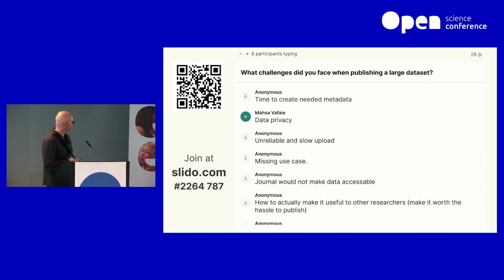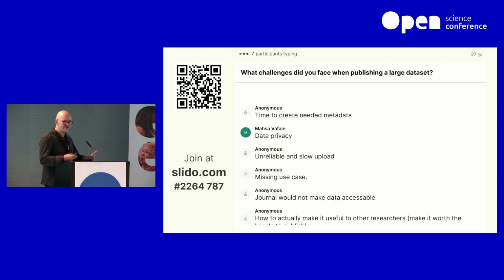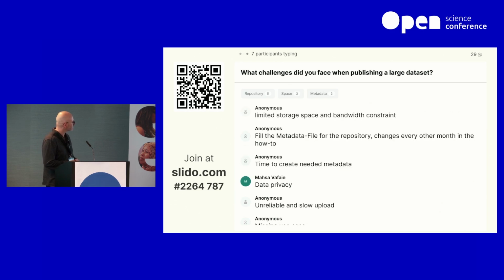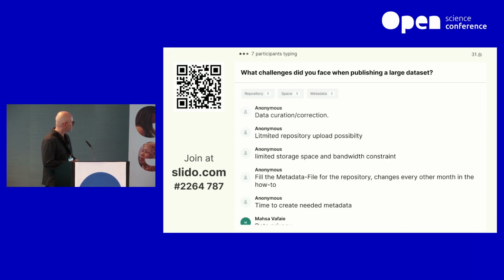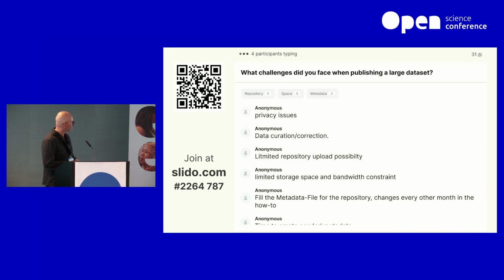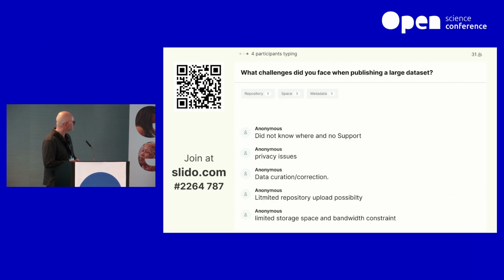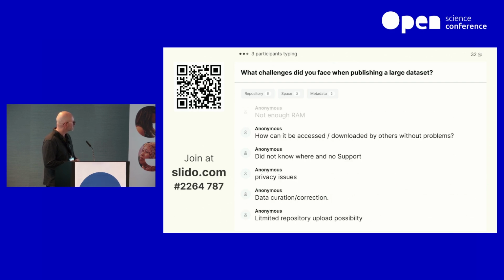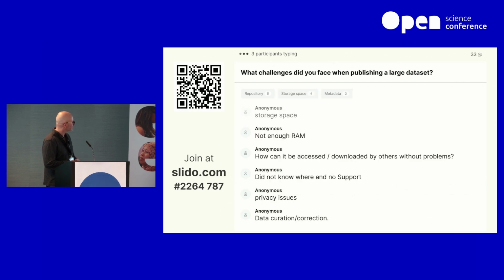That's also interesting, because many journals offer their own proprietary solution. Privacy issues. Not enough RAM. I would be interested in an explanation, but maybe after the session.